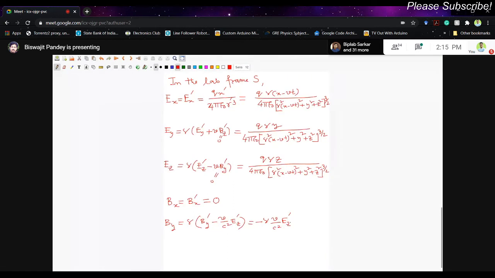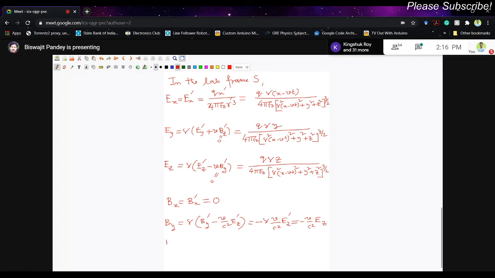Gamma times Ez prime is Ez. Because this term is 0, gamma Ez prime is nothing but Ez. So gamma Ez prime, I am writing Ez, because you want to write down the unprimed quantities in terms of the unprimed quantities. That will be easiest to write. So this will be again equal to minus V by c square Ez.